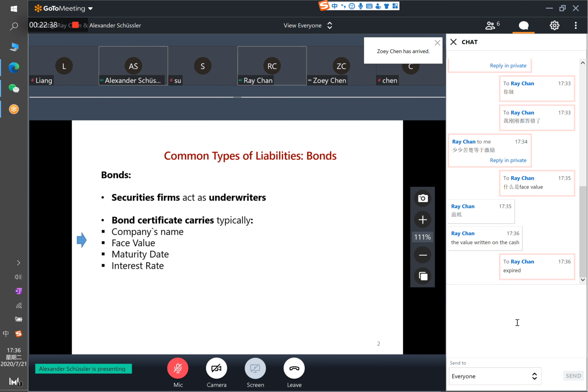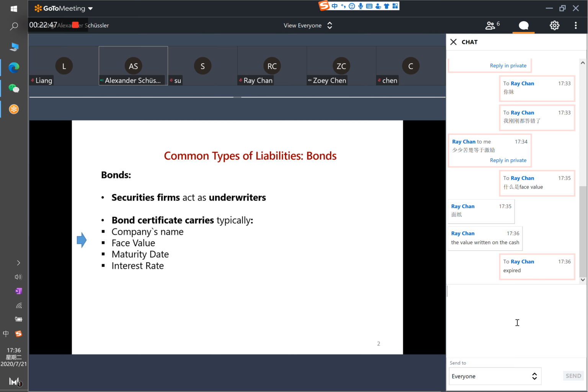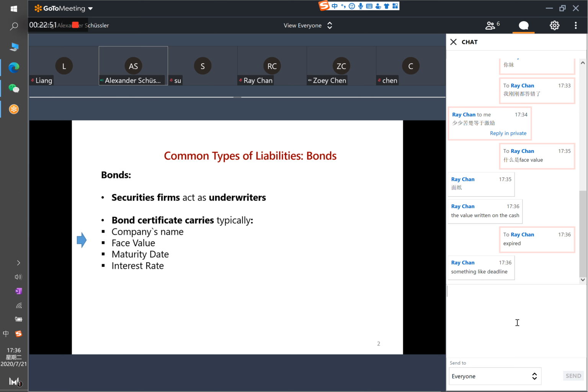That's the time when the debt has to be paid. Yeah, that's some point in the future. Then an interest rate, which is also called a coupon, and it is always quoted on an annual basis. Sometimes they pay differently; often they pay twice a year or so. Exactly.